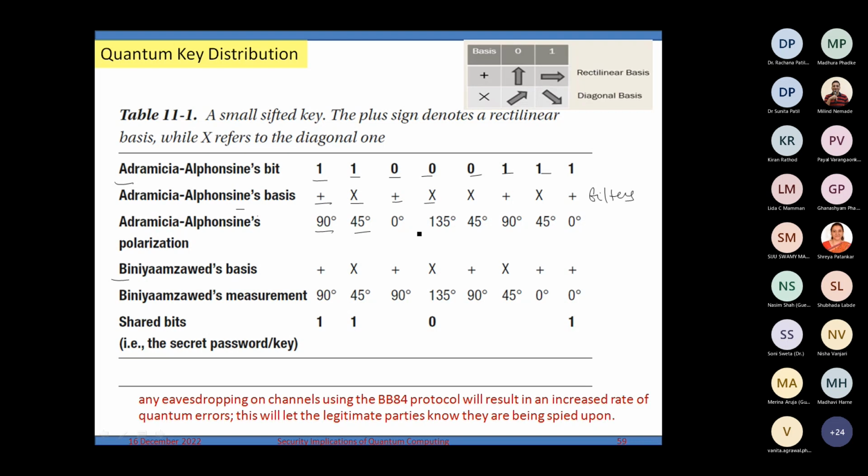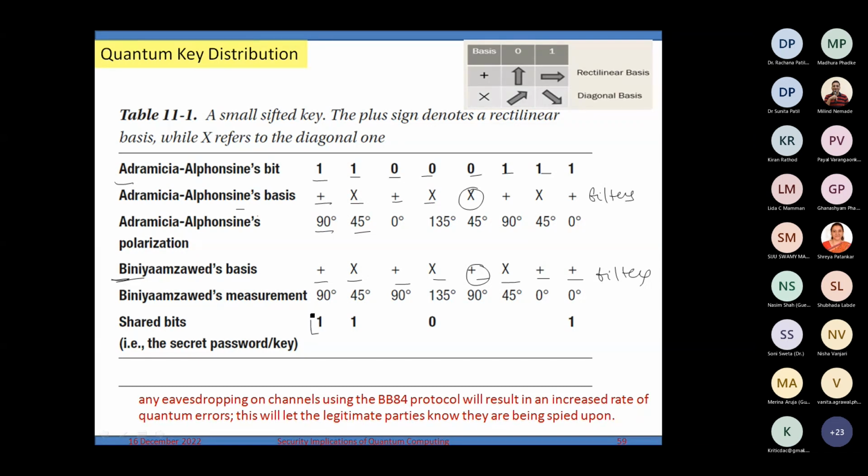And then the receiver B has applied different filters randomly. You can notice a different filter here. You can notice a different filter here. When these different filters are applied, when these measurements are different, you can see that those differences would be omitted.